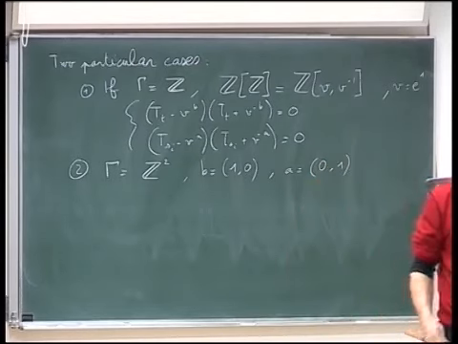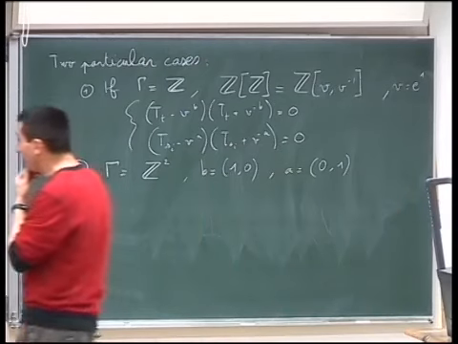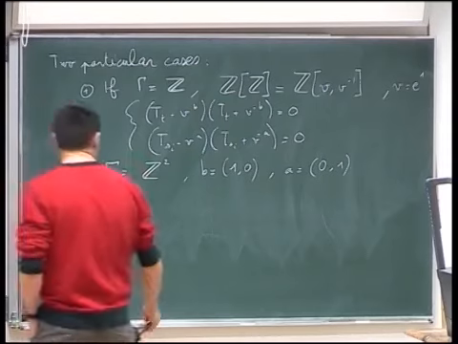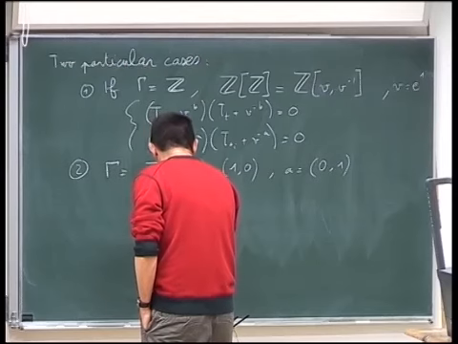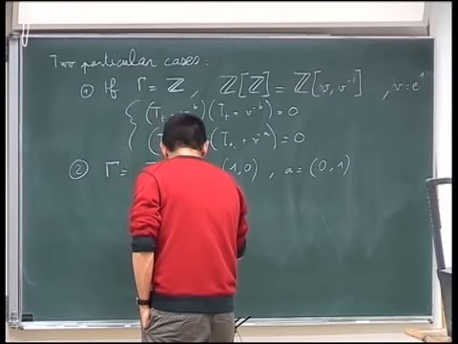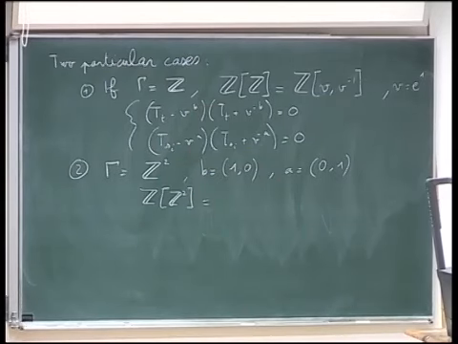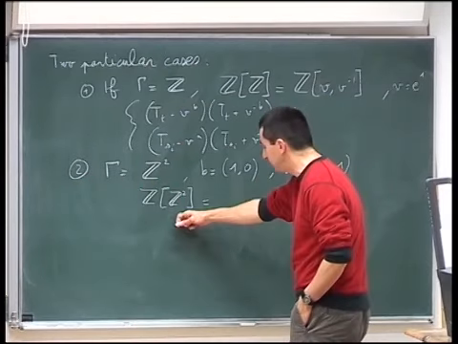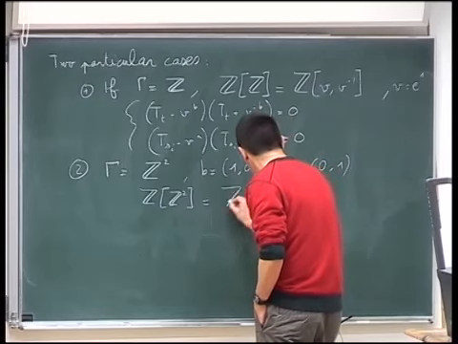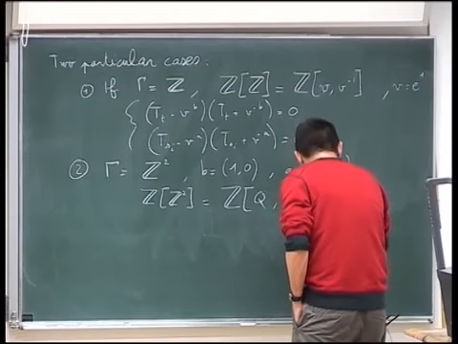That's a choice you can make for your parameter function phi. And what is in this case Z of gamma? Recall that Q is the exponential of (1,0), little q is the exponential of (0,1), but in fact this is just the Laurent polynomial ring in Q and q.